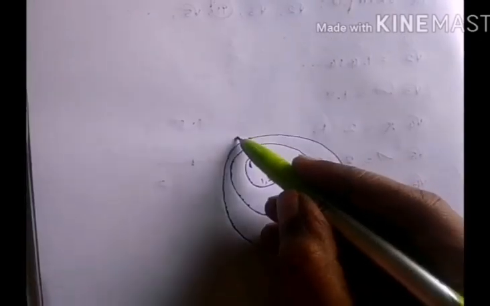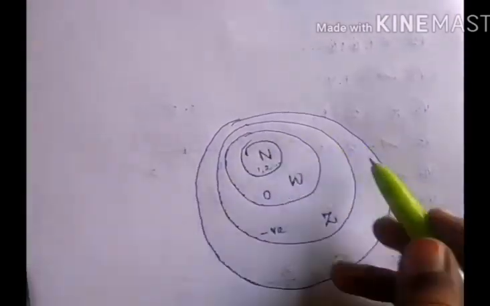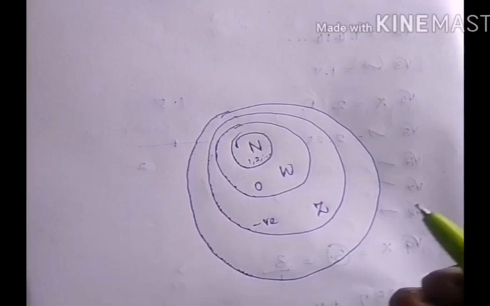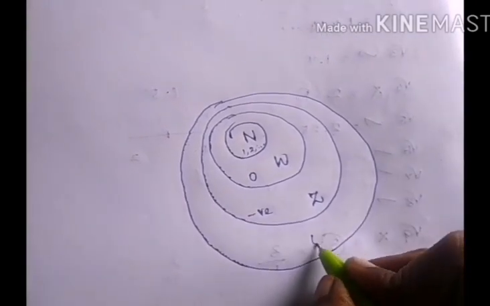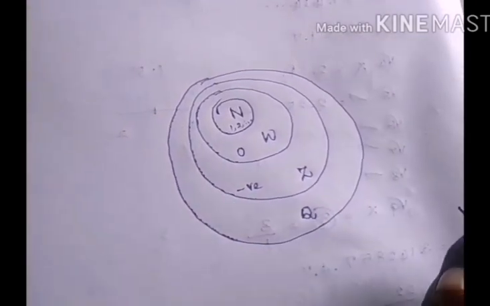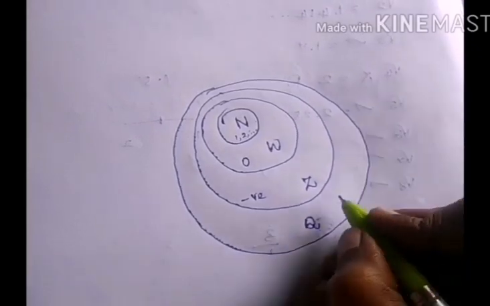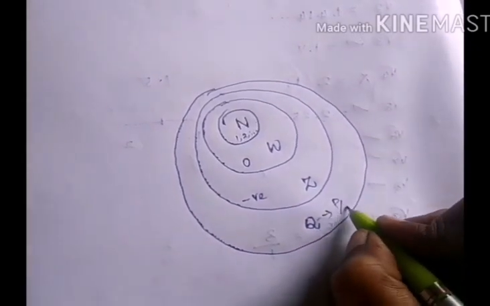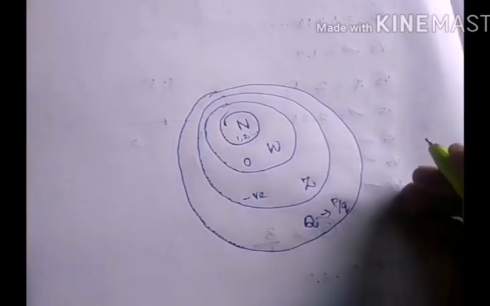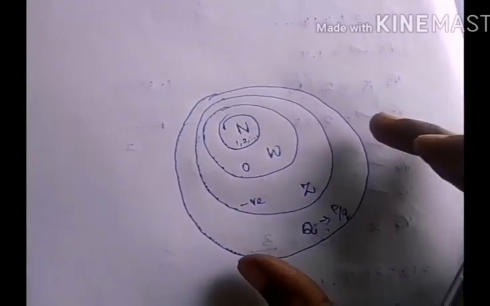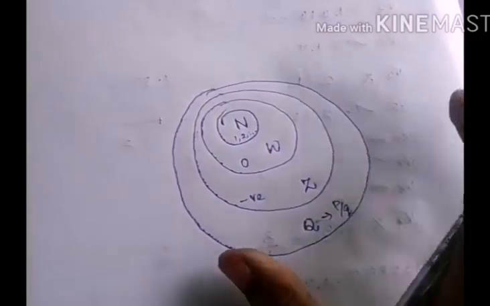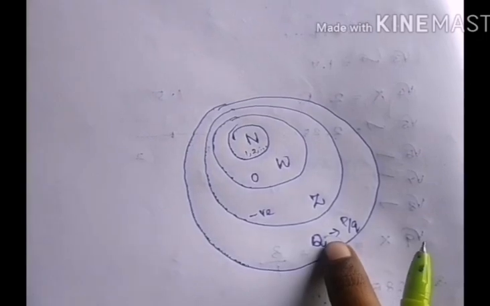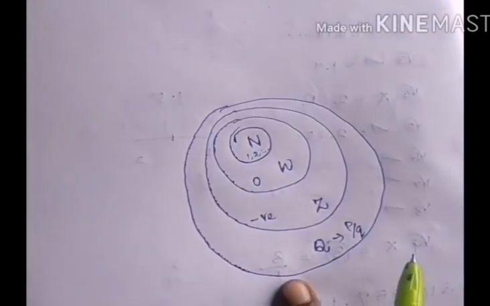The next comes rational number, which is this integer together with fractions, that is rational number Q, which is of the form p by q. All these are rational numbers, that is rational numbers consists of all these numbers.